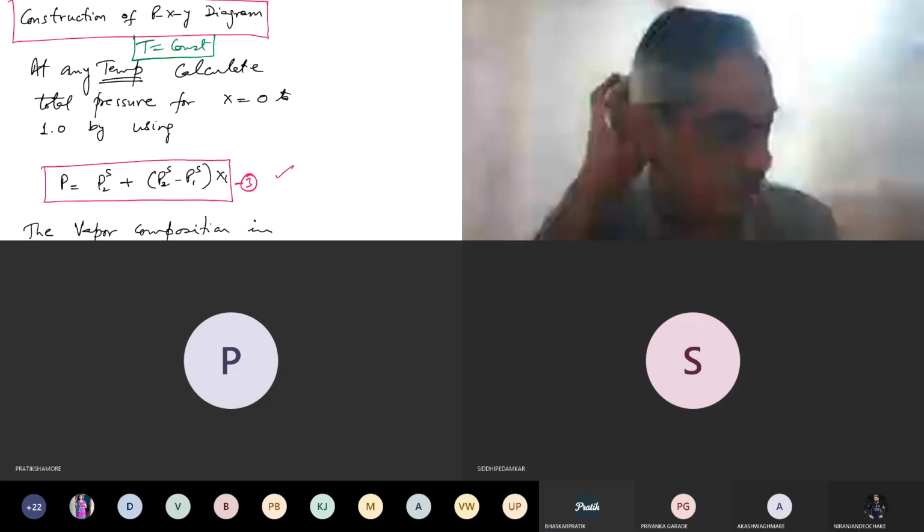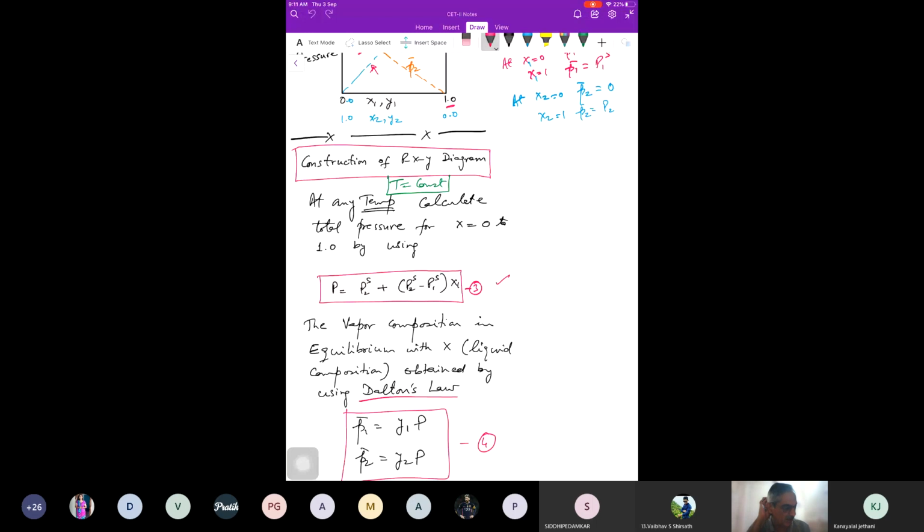Okay, so we are going to draw the Pxy diagram, pressure xy diagram at constant temperature, and the procedure to do this is to use equation 3, where total pressure is equal to P2S plus (P1S minus P2S) into x1.